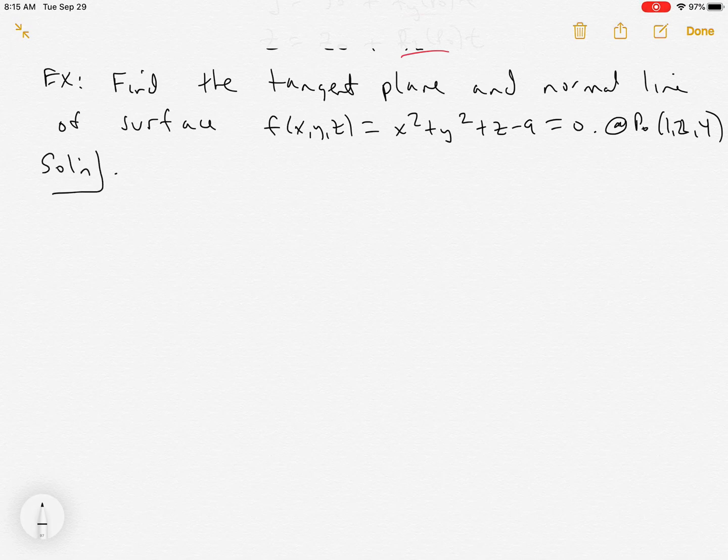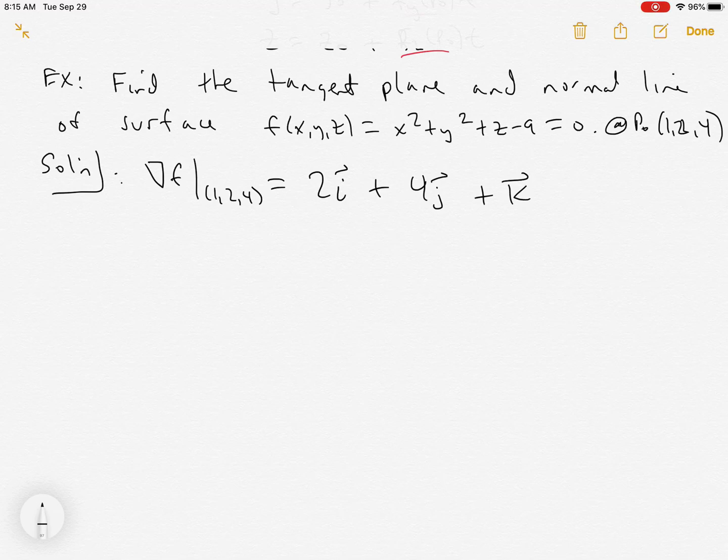So solution. Well, we need del f. So del f evaluated at 1, 2, 4 is, let's see here. Plug in 2 and 4, and you get 2i. Plug in 1 and 4, you get 4j, and then plus k.